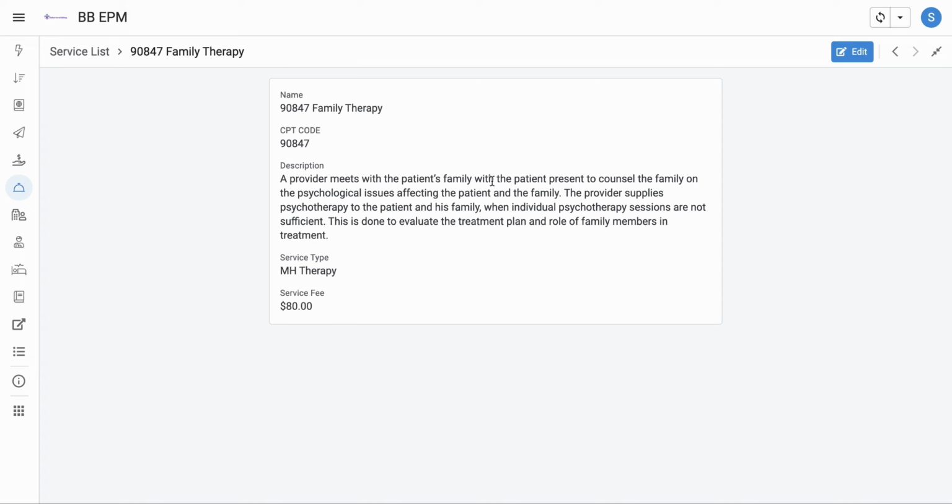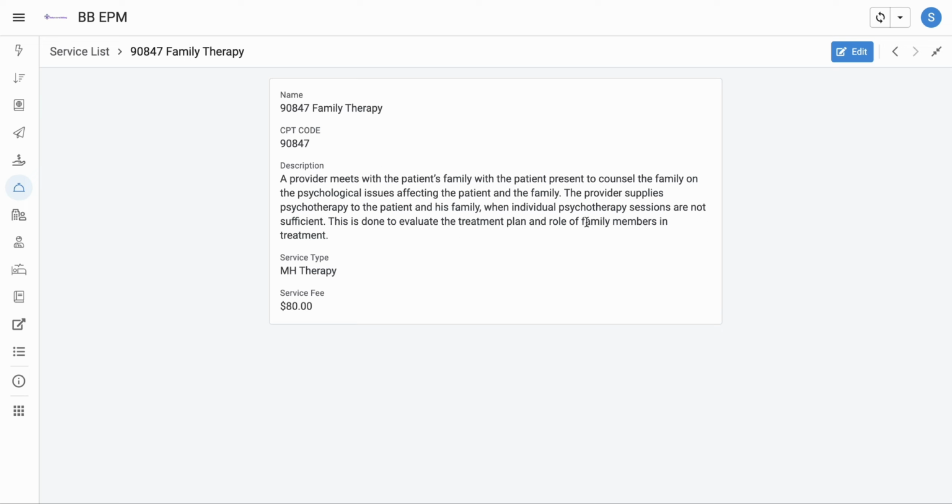That part is really, really important. With the patient present to counsel the family on the psychological issues affecting the patient and the family. The provider supplies psychotherapy to the patient and his family when individual psychotherapy sessions are not sufficient. This is done to evaluate the treatment plan and the role of family members in treatment.